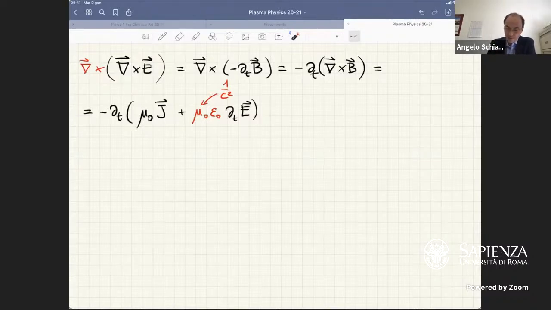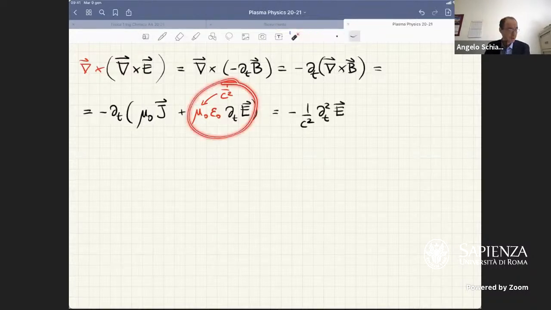Okay, so moving on, we can take the time derivative, minus 1 over c squared, second derivative with respect to time of the electric field. And this is the time derivative of the second term.